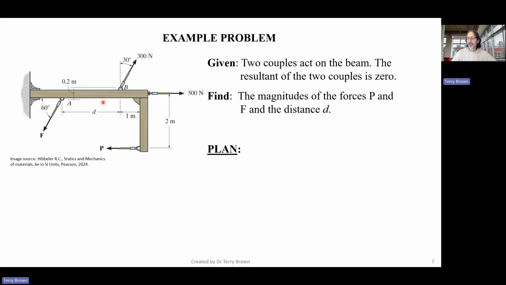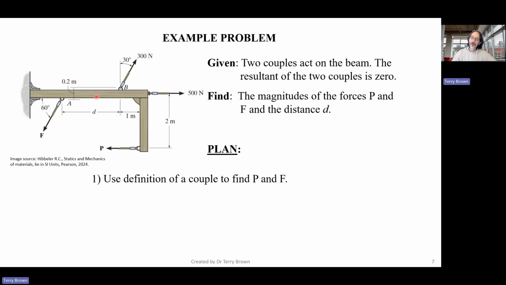Our plan to solve this problem, firstly, is to use the definition of a couple to find P and F. As I said, it's not really that practical a problem. It's just to illustrate couples. Here we've got two forces equal and opposite separated by a perpendicular distance, so we can find P from the definition of a couple.